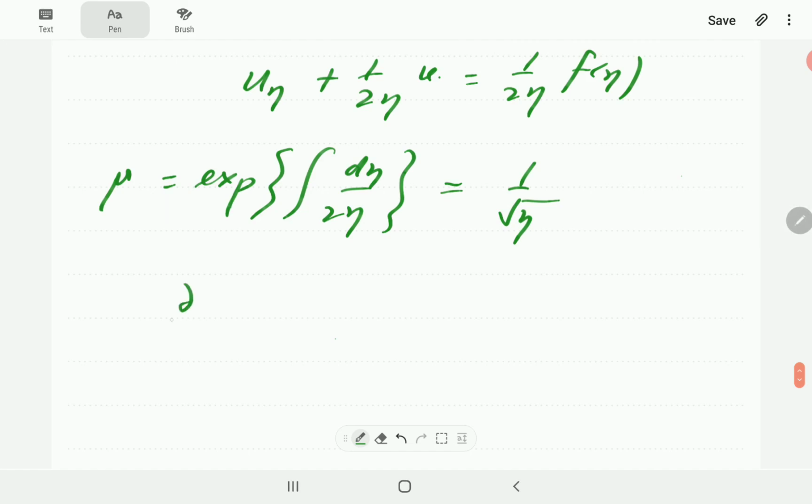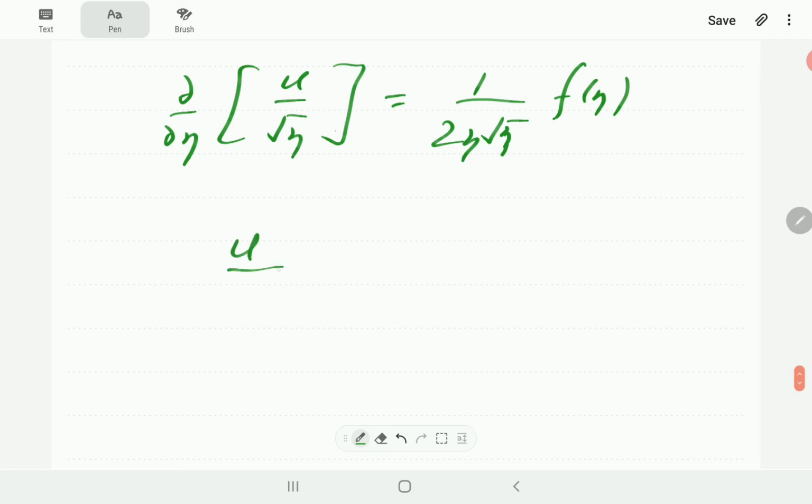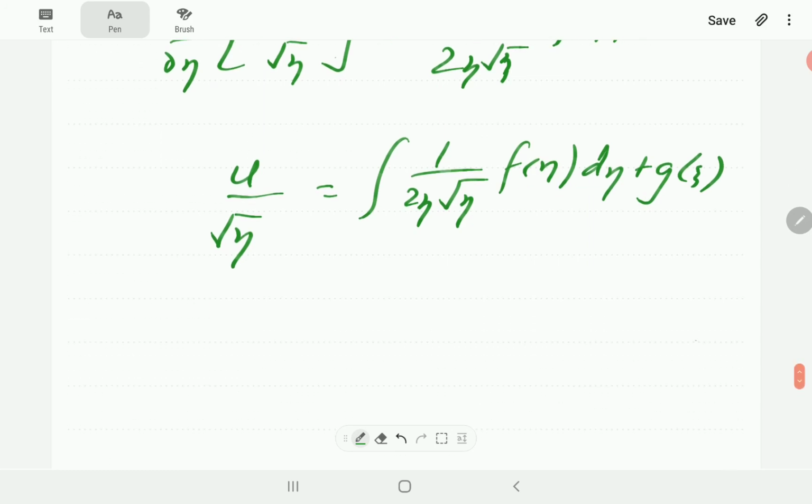So if we multiply this whole thing by 1 over square root eta, so it's going to be 1 over 2 eta square root eta, then the left hand side is going to be integrable. So that becomes that. Then we integrate that whole thing, d eta. This is going to be plus a function of xi, which is going to be arbitrary.